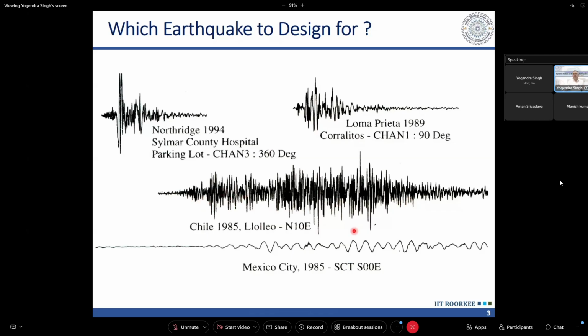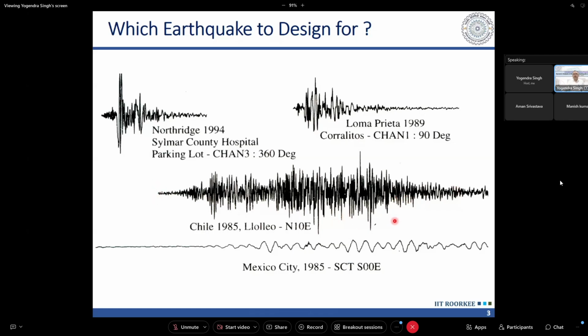So with a limited number of cycles, not millions of cycles, because the deformations are in the inelastic range, the structure gets damaged or collapses with fewer cycles, and each cycle is causing damage, so damage gets accumulated. So the duration of the earthquake is also very important.